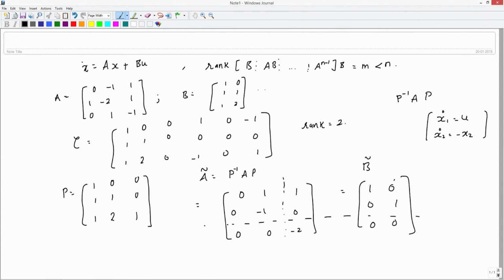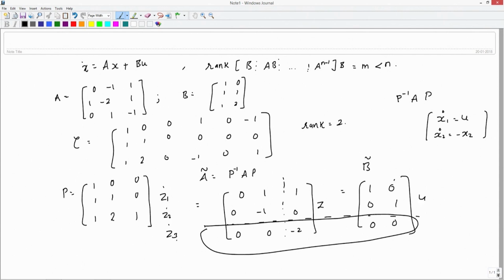Now, what happens when I do a transformation like this? If I look at this thing here, with these new coordinates z1 dot, z2 dot, z3 dot is this new A times z plus B tilde times u, z3 has no influence of the control because the entries of B are 0, whereas z1 and z2 are actually controllable because there are some numbers coming in here.